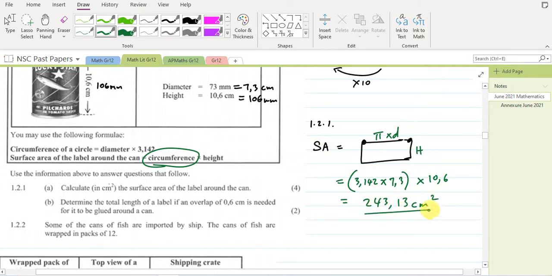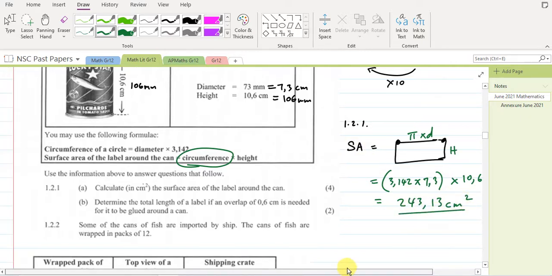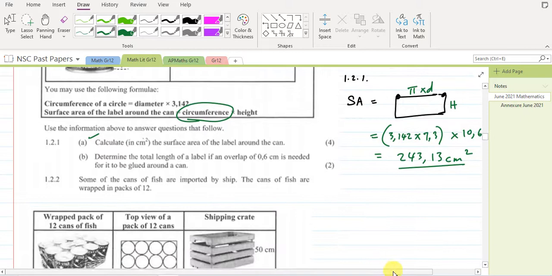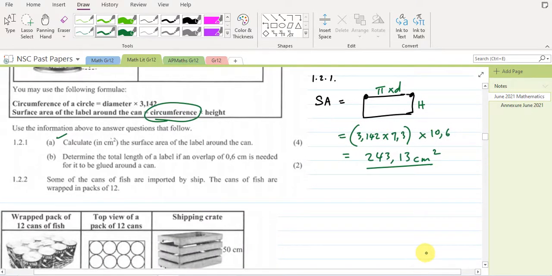Remember, surface area will be squared because we're dealing with an area. So 243,13 centimeters squared. Right, now that's done. Let's look at the next one. Determine the total length of a label if an overlap of 0.6 centimeters is needed for it to be glued around the can. So now we're talking about an overlap.